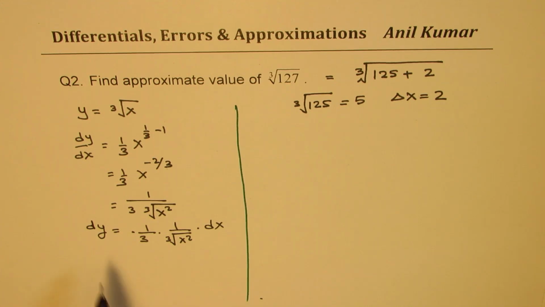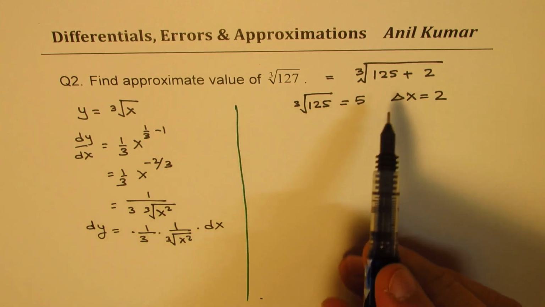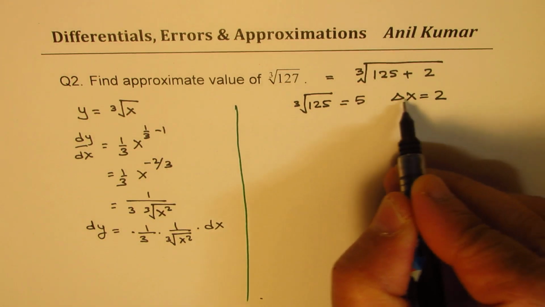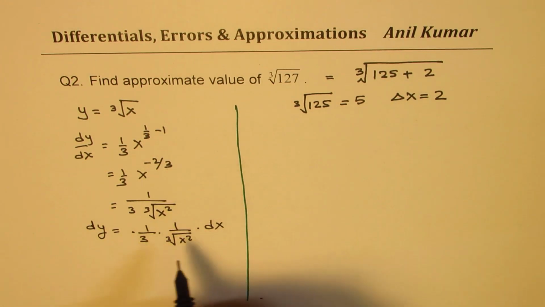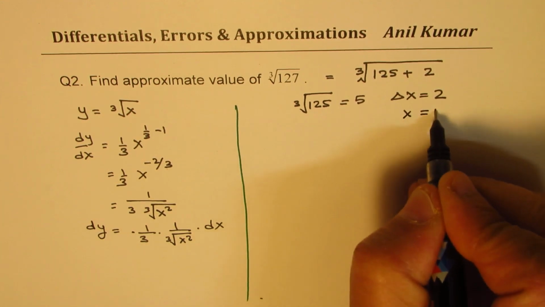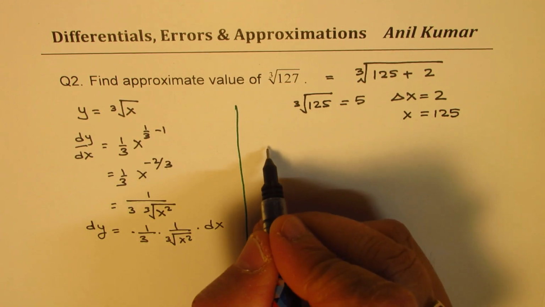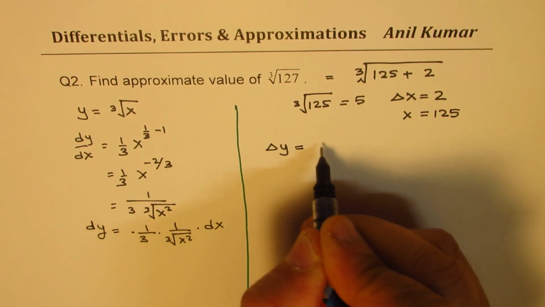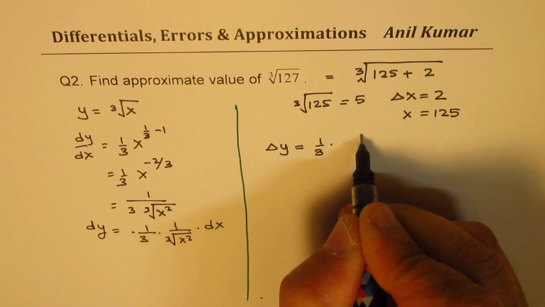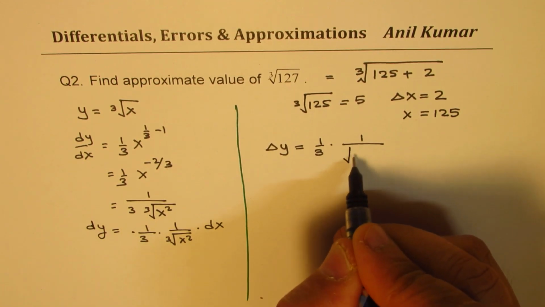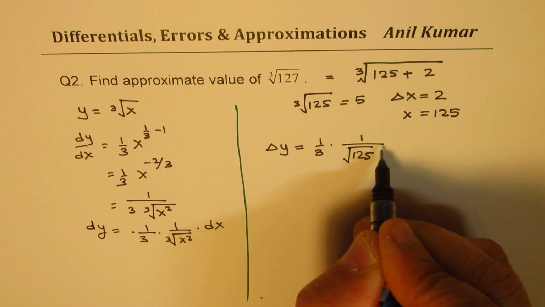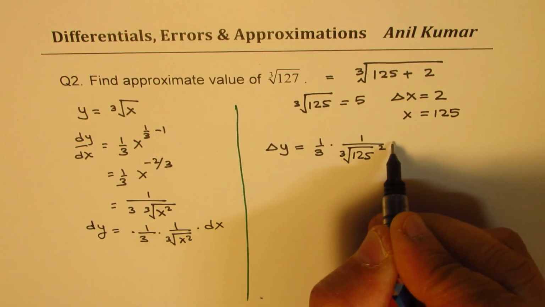So from here, you can actually substitute the value of x as 125. In this case, delta x is 2, right? So we can substitute these values to find the change in y. So the change in y will be equal to 1 over 3 times the cube root of 125, squared, right?